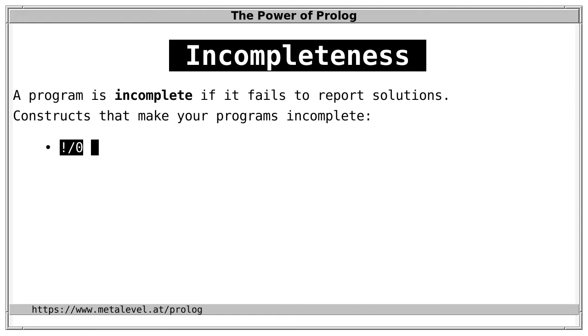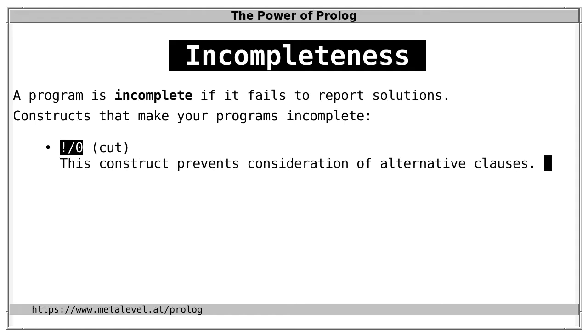For instance, this predicate exclamation mark, also called cut, prevents, among other things, the consideration of alternative clauses. So for example, suppose we have a predicate p and we say p holds for the atom a if exclamation mark holds, and p also and unconditionally holds for b, okay? Then when we query, does p hold for a? Yes, as intended. And does p also hold for b? Yes, also as intended.